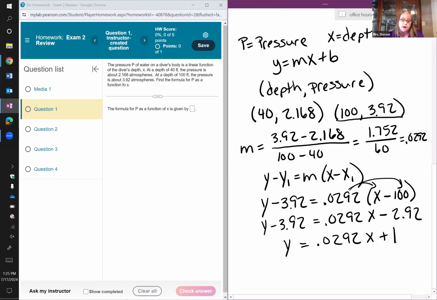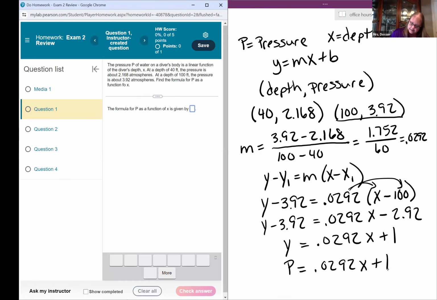So there's our linear function. The only thing we still need to do now is make sure that we are using the correct variables. Notice it wanted us to use X for the depth, which we are, but it wants us to use P for the pressure. And so instead of using Y for our output variable, we're going to use P. And so P is equal to 0.0292x plus 1 is the linear function for the pressure as a function of the depth.